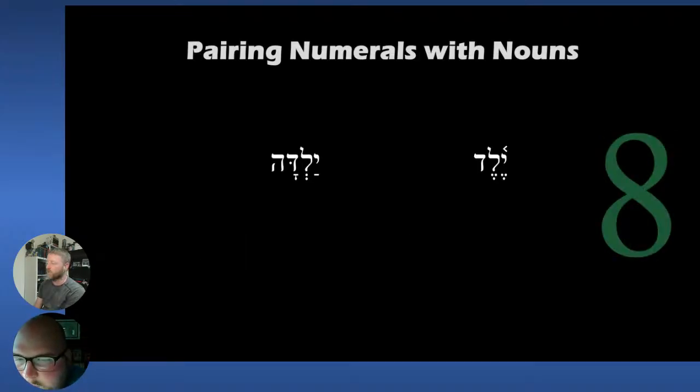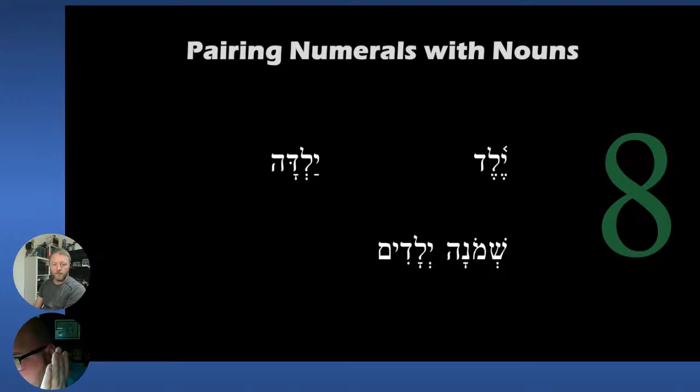Okay, 8 is Shmoneh and Shmona. The A again goes with the masculine. Shmona yeladim and Shmoneh yeladot. If we were going with men and women, we'd say Shmona anashim and Shmoneh nashim.